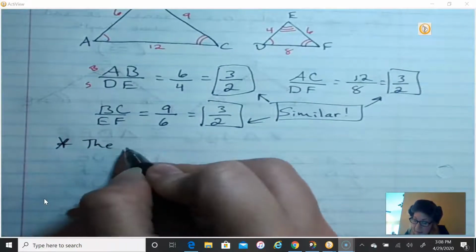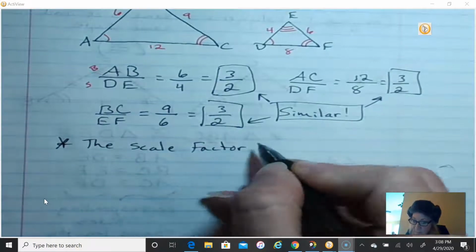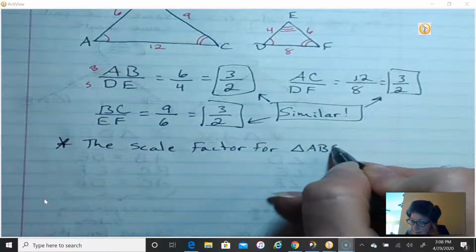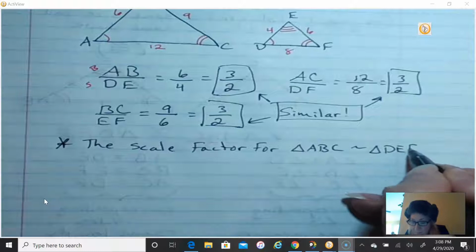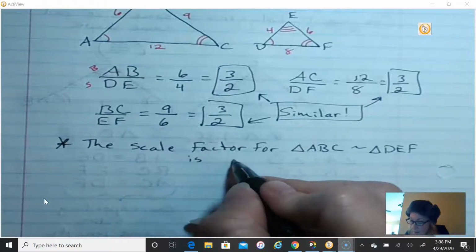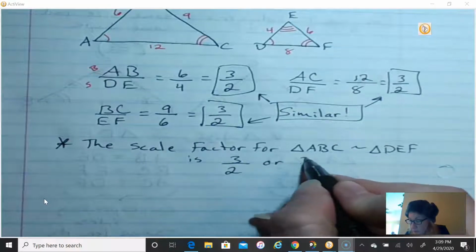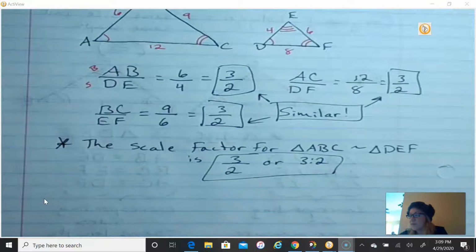So the scale factor for triangle ABC, which is similar to DEF, is 3/2. Okay, that's for scale.